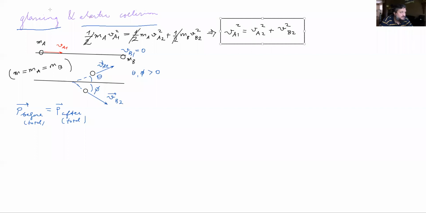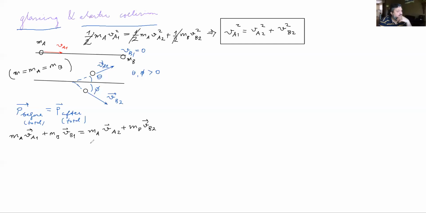Let's go back to the momentum again, momentum conservation. Now, P before is equal to P after. What is P? Total momentum. MA VA1 plus MB VB1 equal to MA VA2 plus MB VB2. Now for this problem, the masses are the same.